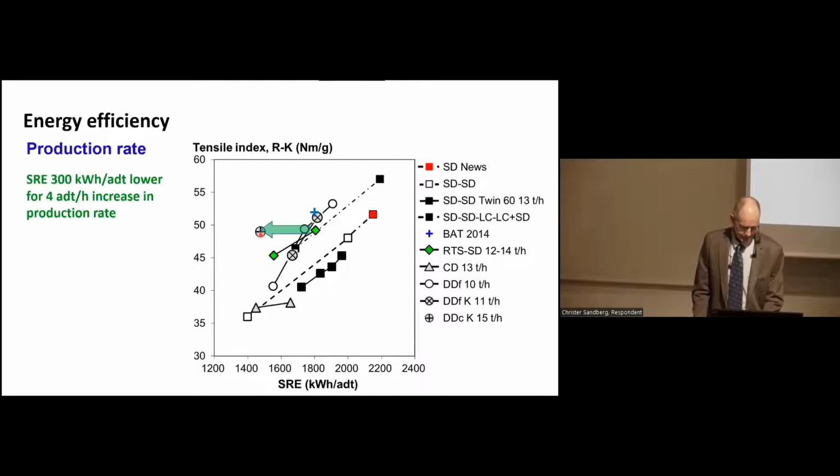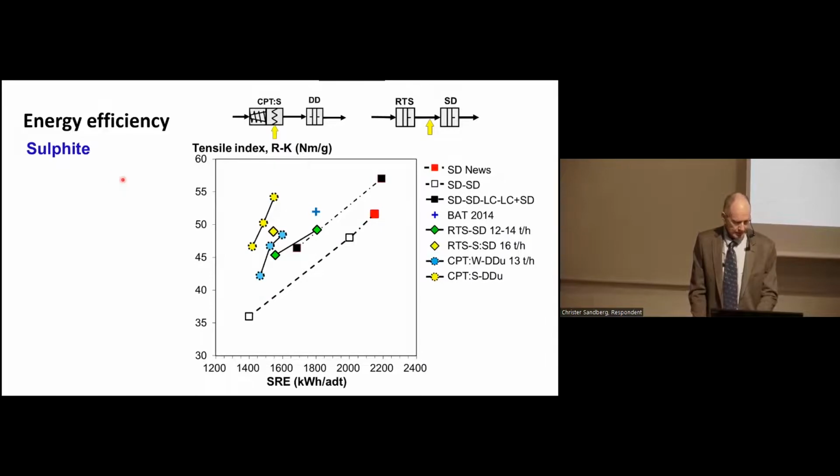And production rate, in this case, shown here first by the double discs going from 11 to 15 tons an hour, and single disc refiners from 13 to some 17 tons an hour. So it has also some 300 kilowatt hours per ton. This is also known from earlier work.